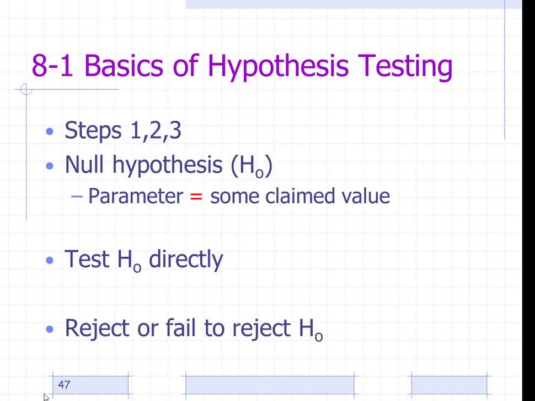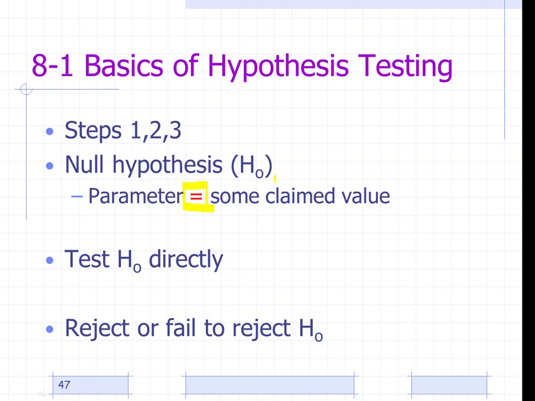And so this summarizes steps 1, 2, and 3. So first of all, we set our parameter equal, and equal is very important, to some claimed value. This is called our null hypothesis, and it's H sub 0. And what it says is there is no difference.